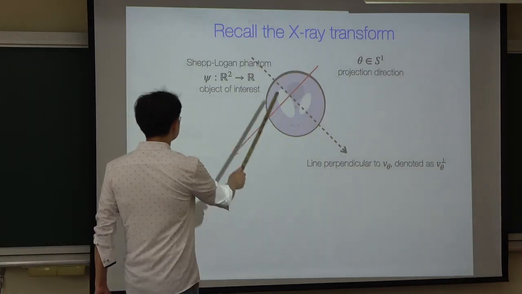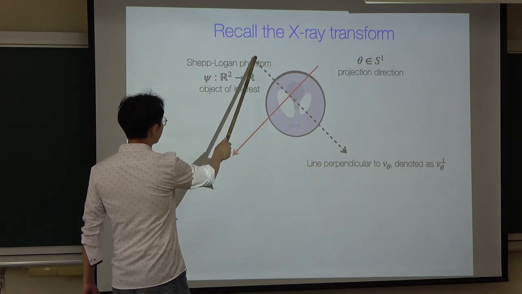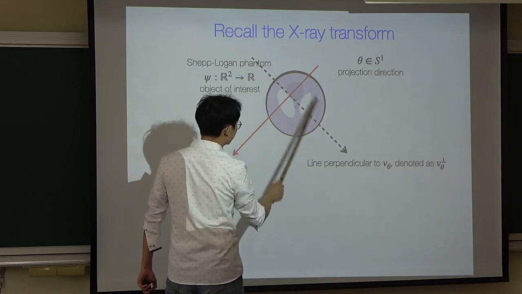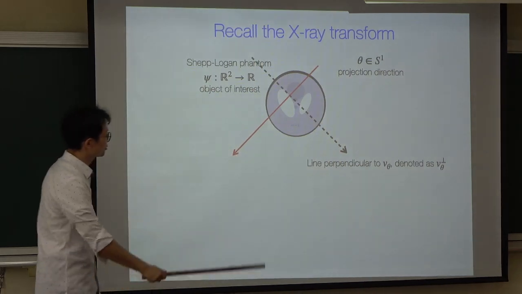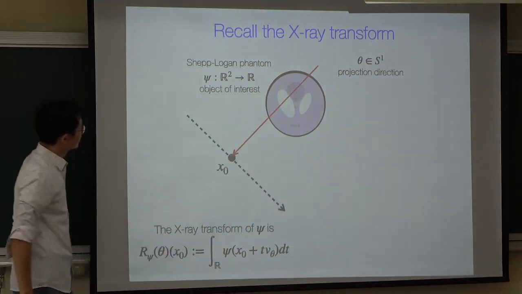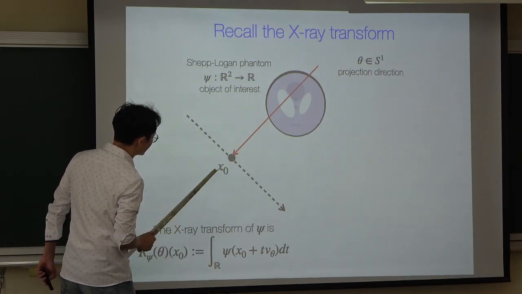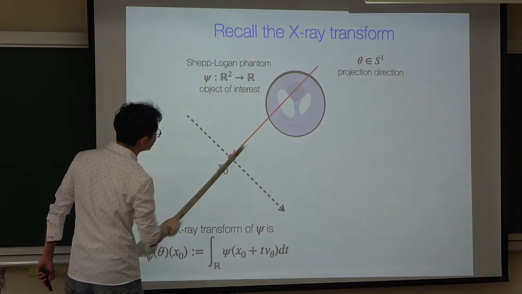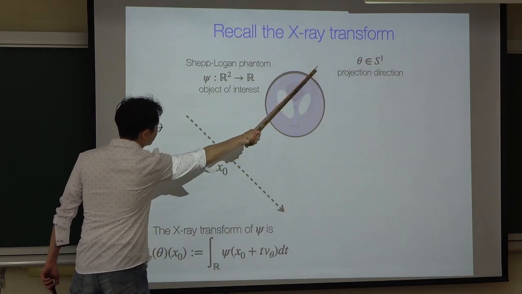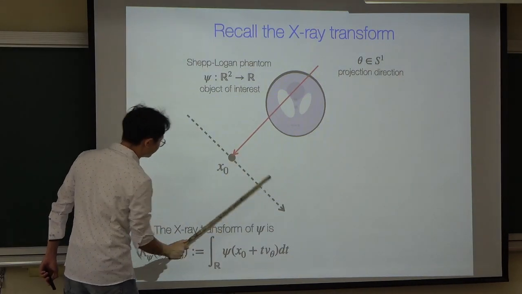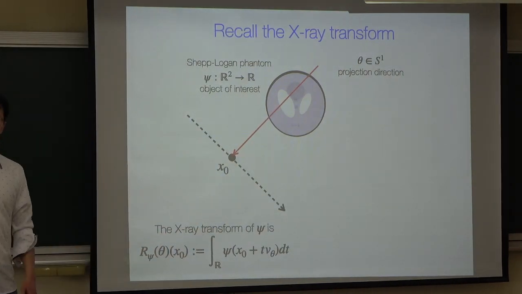So now this is what we have. We have theta, the projection direction, and that is the line equal to v theta. We shift this line here and consider one point, x0, which is the intersection of this line, this projection angle, and this dashed line. So what is the X-ray transform?